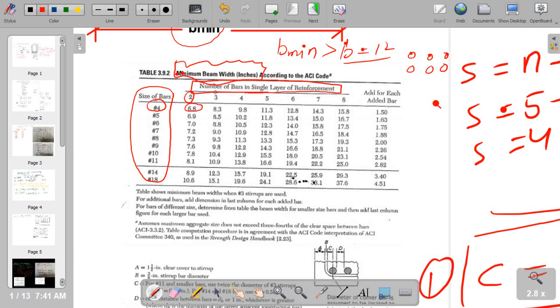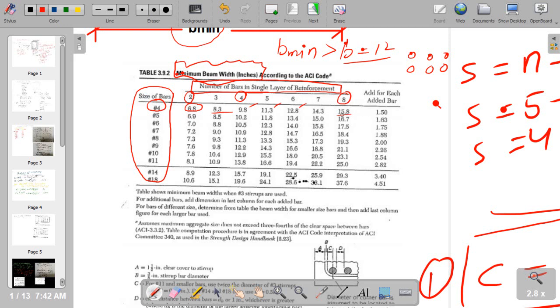Similarly, if we are placing 3 bars in one layer, the minimum width will be 8.3 inch for number 4. Similarly for 4, 5, 6 bars. If you are placing 8 number 4 bars in one layer in a beam, we have to provide 15.8 inch beam width.